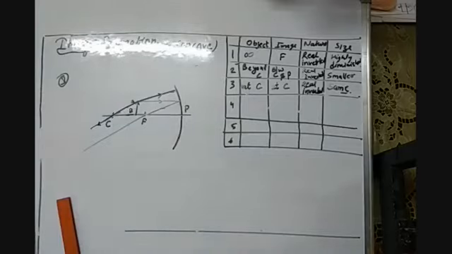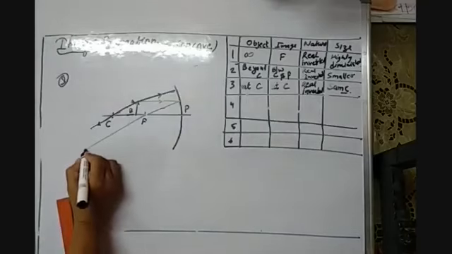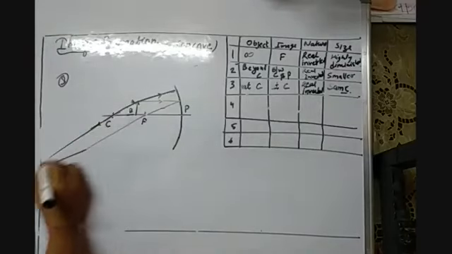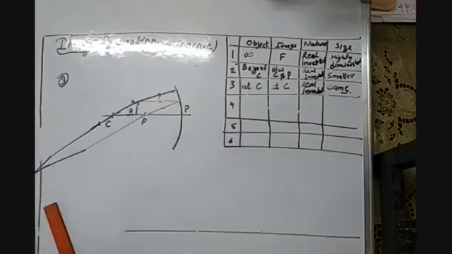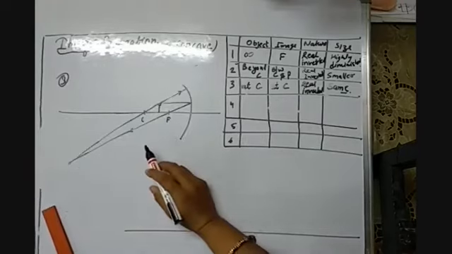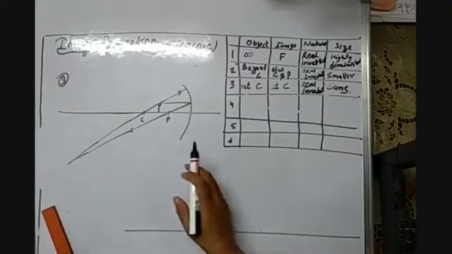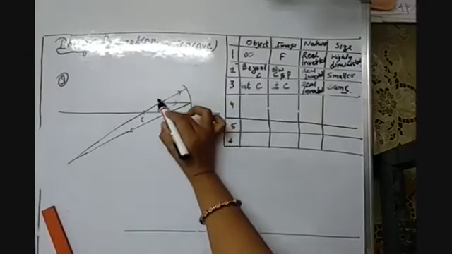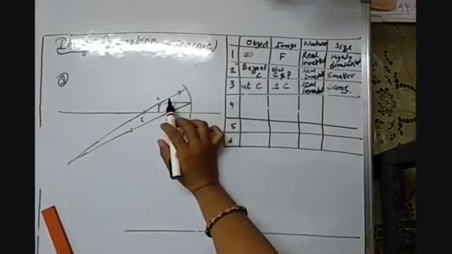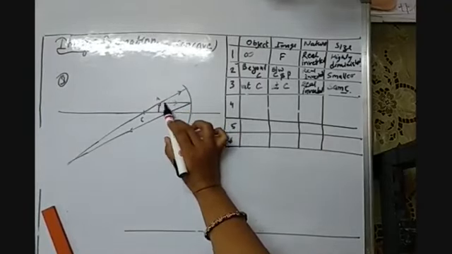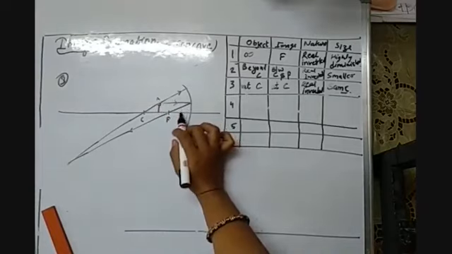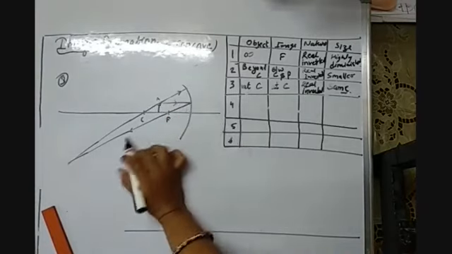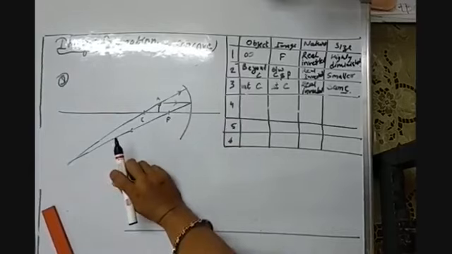Now what is going to happen is that when we extend these two lines, here you will find that they meet at a particular point. I have again made a smaller diagram so that this distance can be viewed by you. So here the same thing is happening. Incident light coming from point A is falling parallel to the principal axis on the spherical mirror, so it will pass through the focus after reflection.